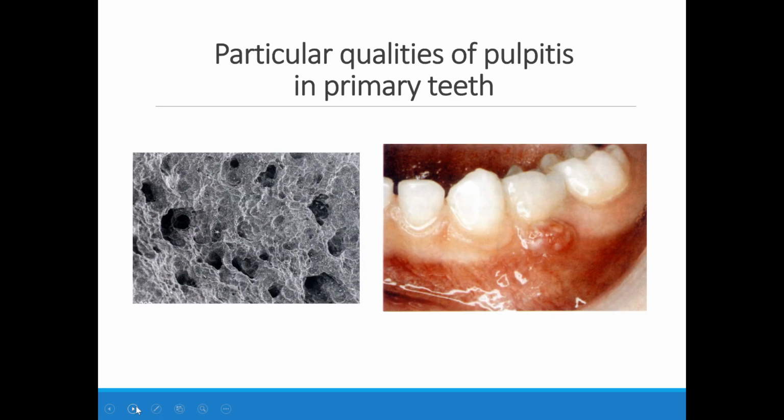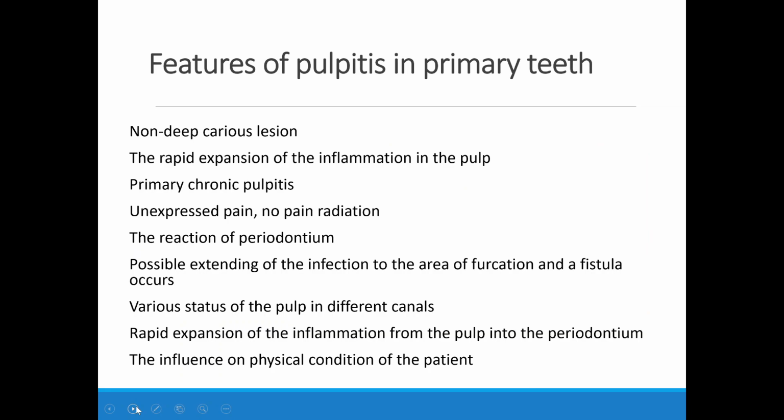What are the particular qualities or features of pulpitis in primary teeth? Of course, it's a non-deep carious lesion. You remember that when we discussed the anatomical and physiological features of primary teeth, we said that the enamel is very thin and the dentin is very thin.